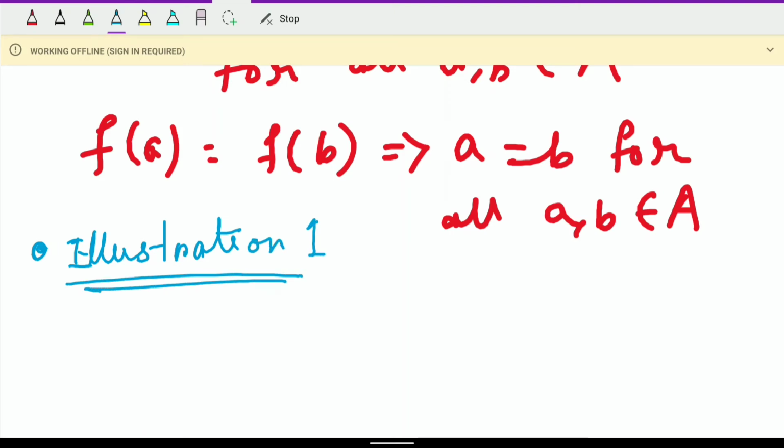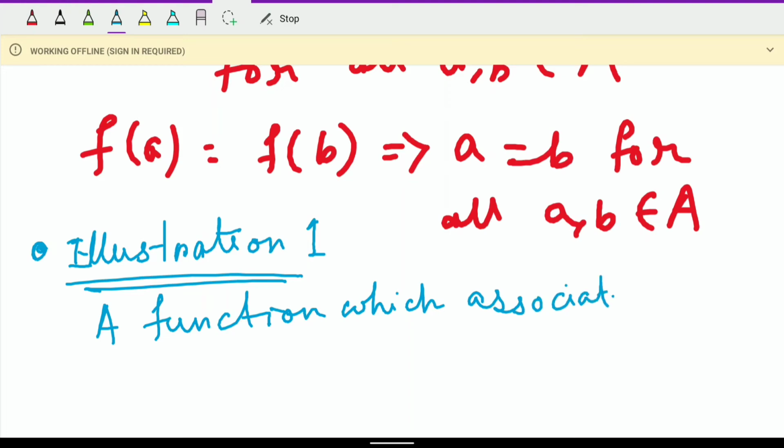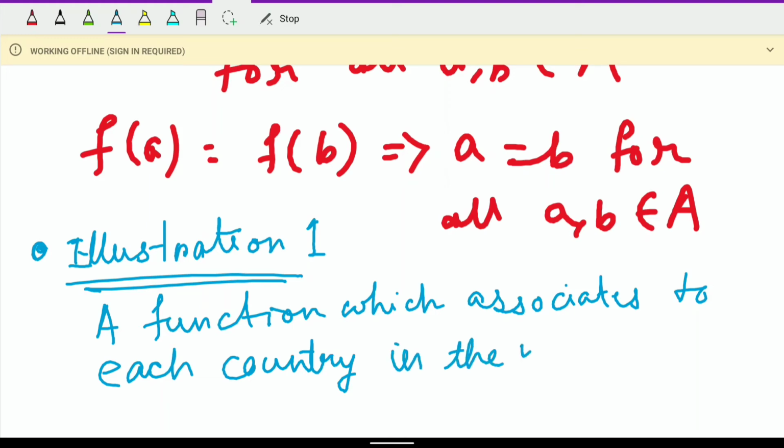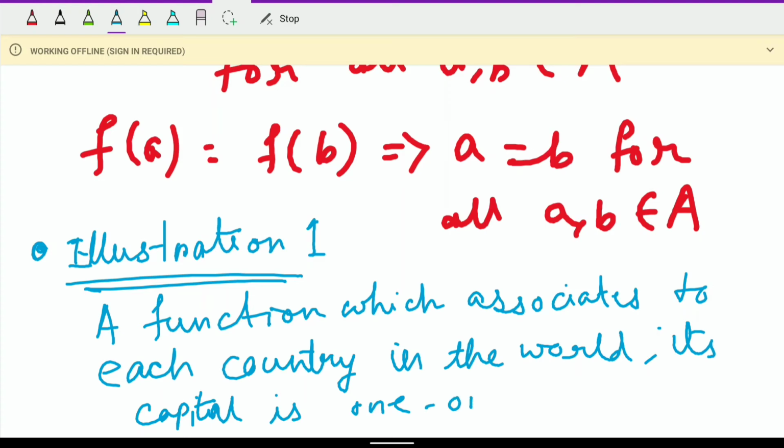Let's assume a function which associates to each country in the world its capital. It is one-one. What does it mean?